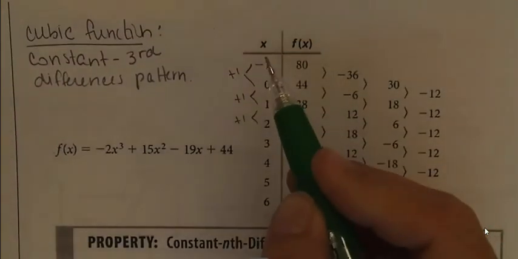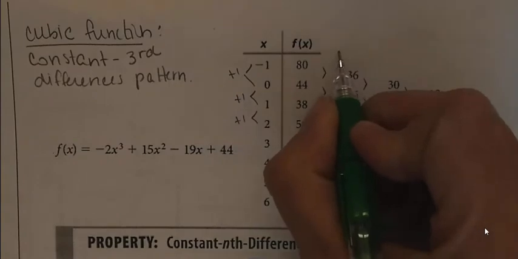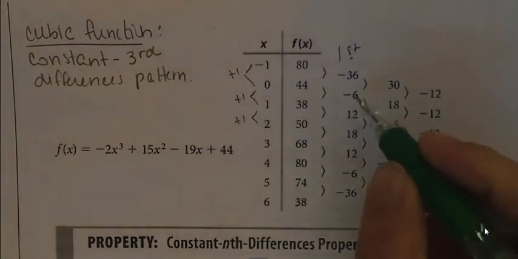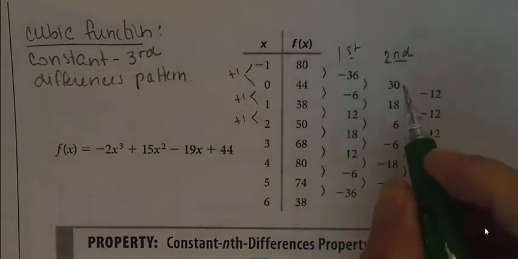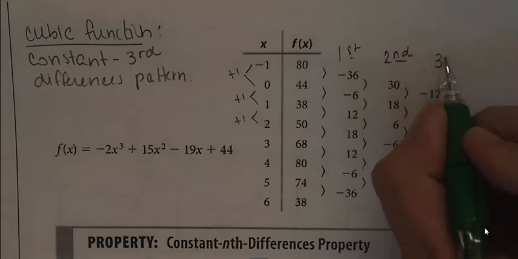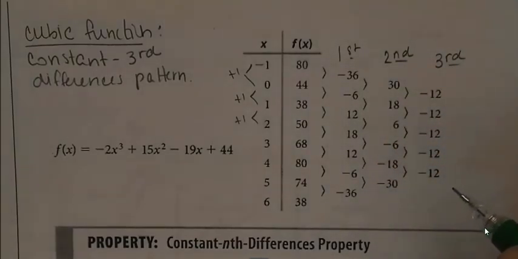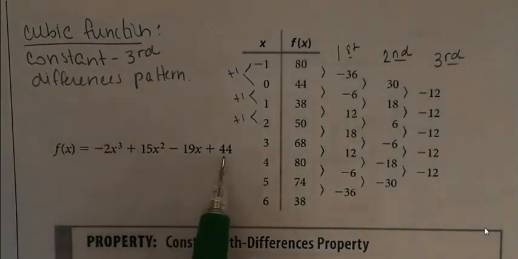So again, we have this constant change in our inputs, and then our outputs, well, the first difference is not the same. The second difference is not the same. But when we get to the third differences, then we see that they're all the same. They all decrease by 12. So that's for this function right here.